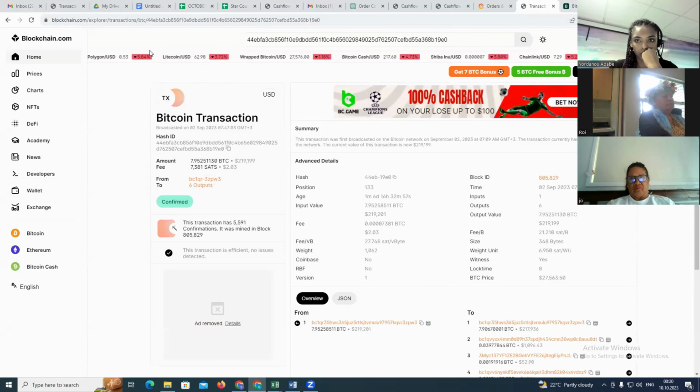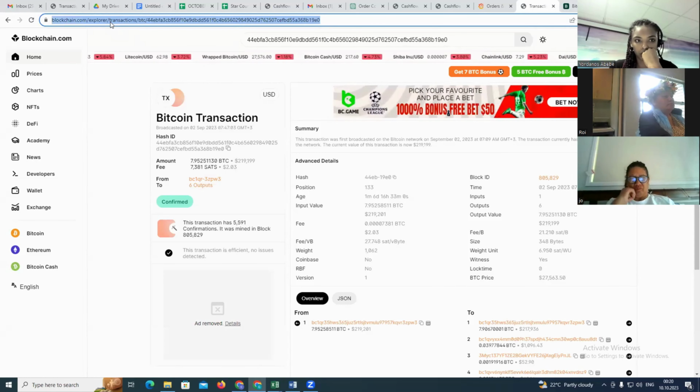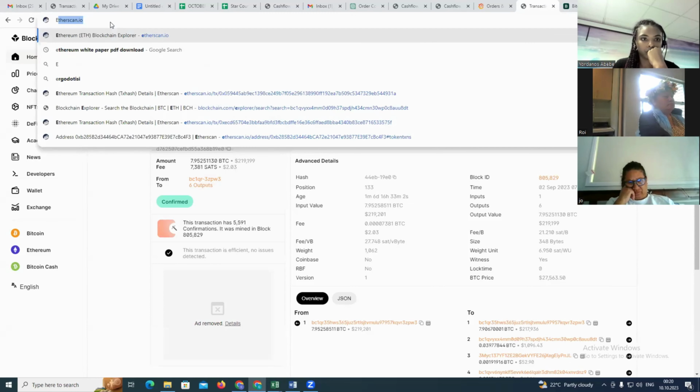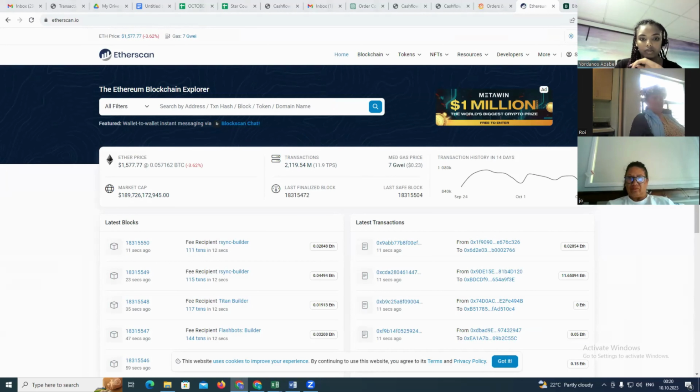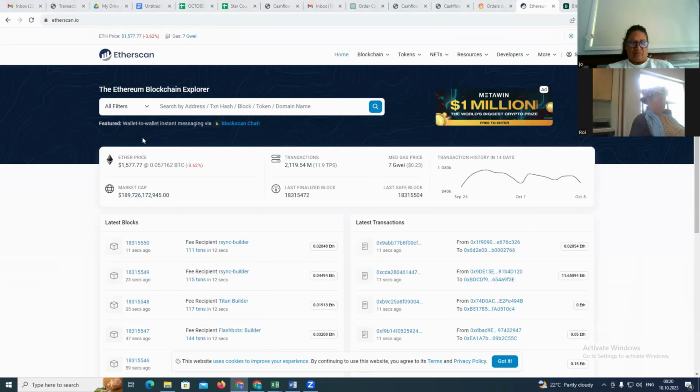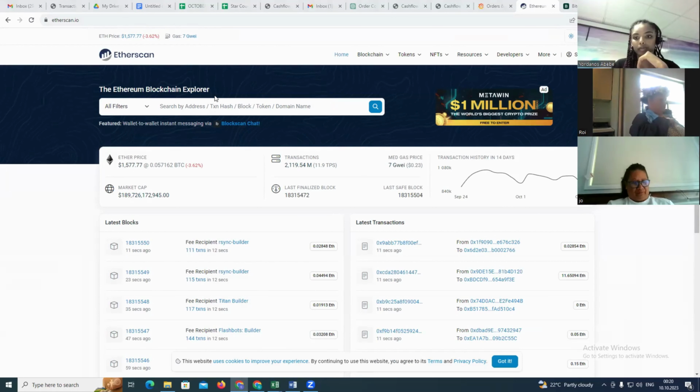So we have another blockchain explorer, which is TronScan. The website is tronscan.io. So this is tronscan.io, and this is where you can track all Ethereum transactions.